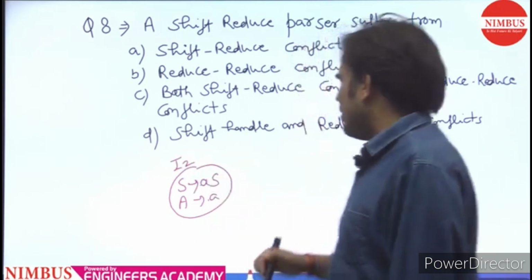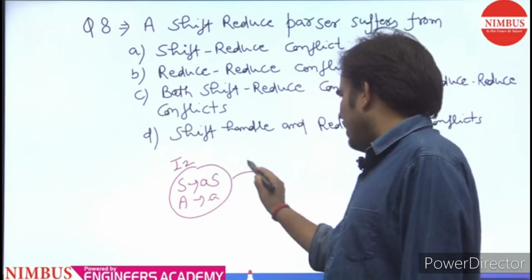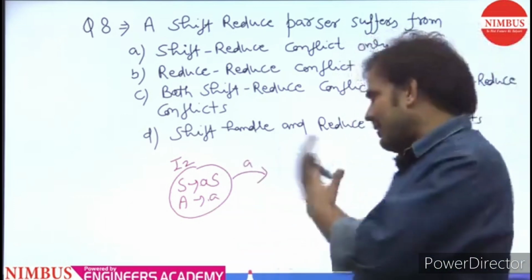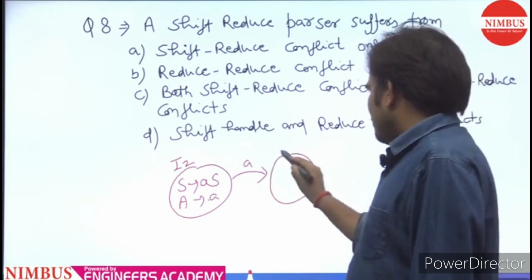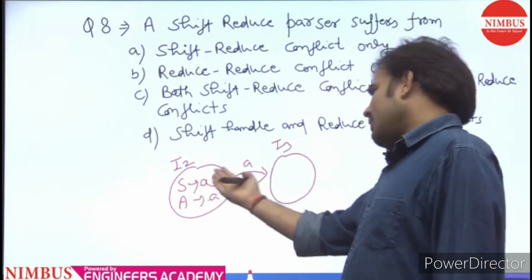Suppose this is canonical set of item state 2. So when here we give as an input A, it will move to the next state. Suppose this is I3. So here on A, this dot is shifting here.